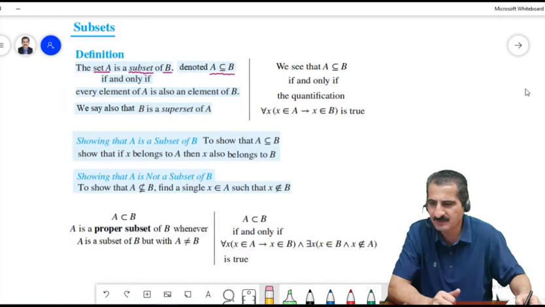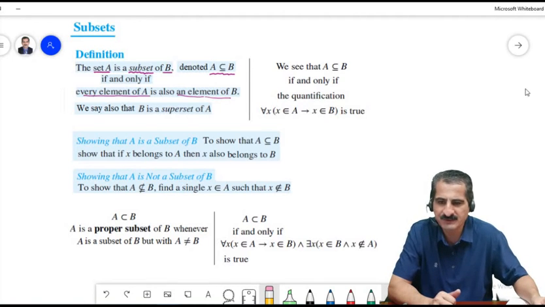If and only if every element of A is also an element of B. So A is contained in or equal to B if and only if, for every x, if x is in A, then x must be in B. This quantification for every x must be true.